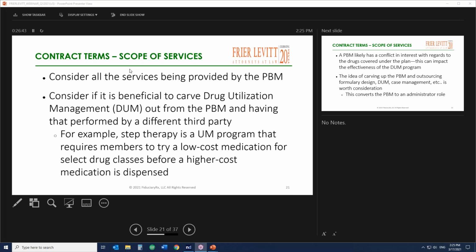Needless to say, the scope of PBM services is extremely important. Generally, PBM services include pharmacy network contracting, pharmacy claims processing, mail and specialty drug pharmacies, formulary and rebate administration. I've seen contracts wherein the scope of PBM service was not defined and the plan sponsor did not know whether their PBM conducted routine audits to maintain integrity of their pharmacy network.